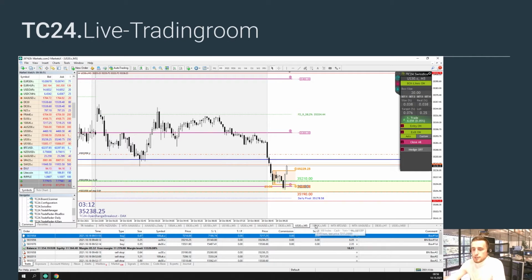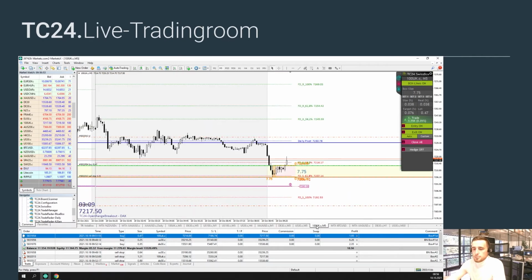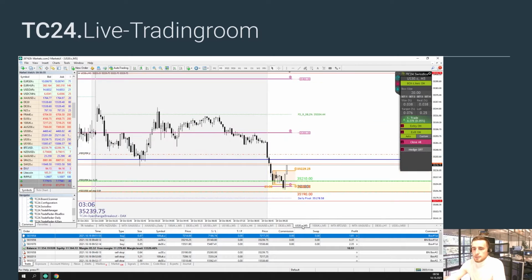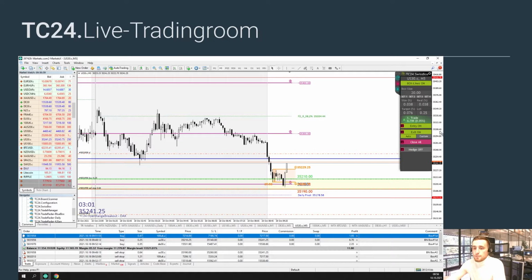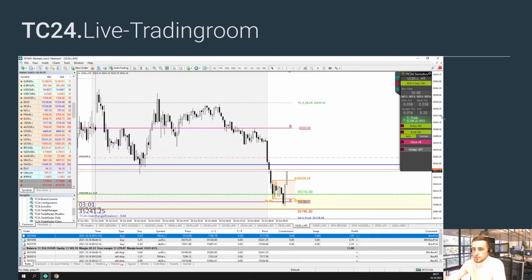However, let's take a look. All of our trades are currently coming into profit. As we can see here, Dow Jones looks like it will close very soon. So we can even see the exact moment. We have just under 3 minutes now until the opening.